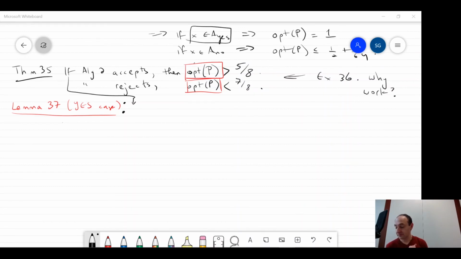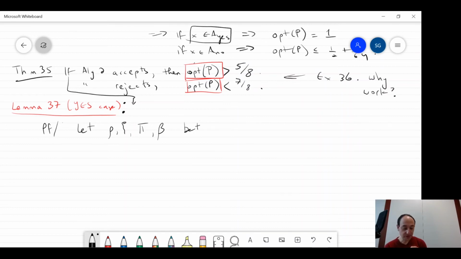Okay, so to prove this, recall, here's the proof. First, let's think about what the algorithm outputs. Algorithm 2 outputs four things that we care about. I'm going to give them names: rho, zeta, pi, and beta.